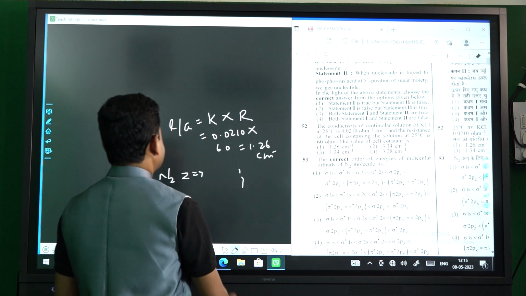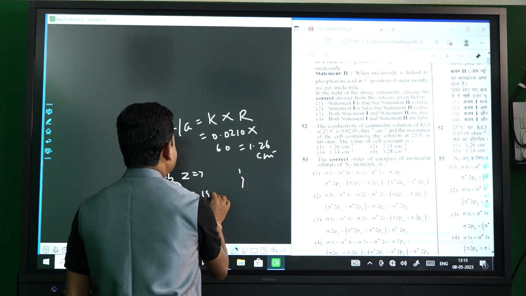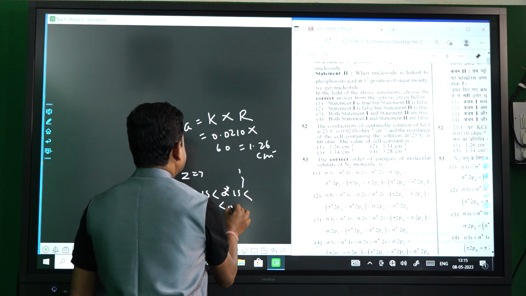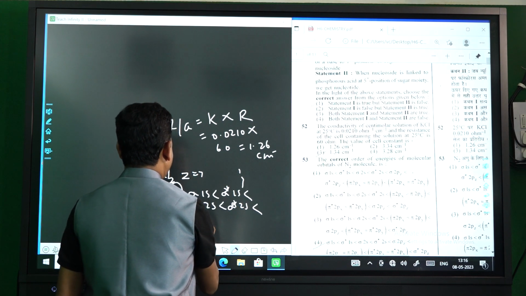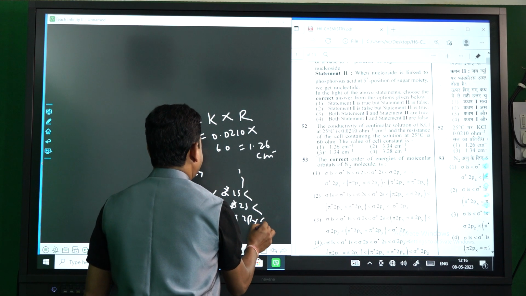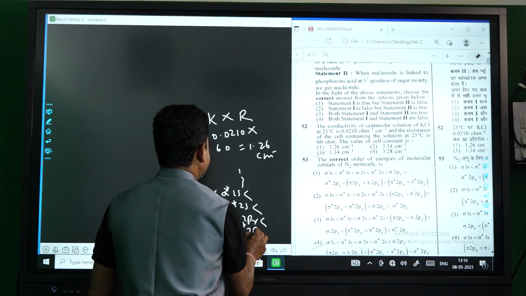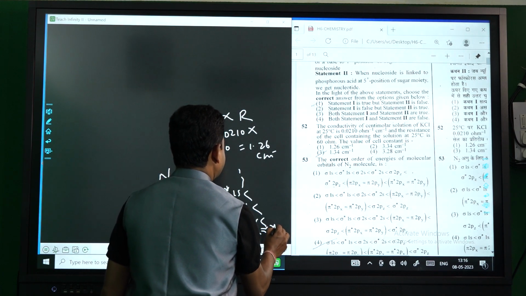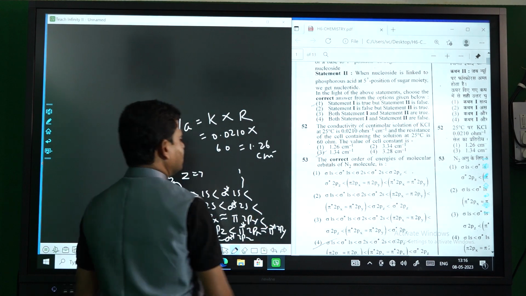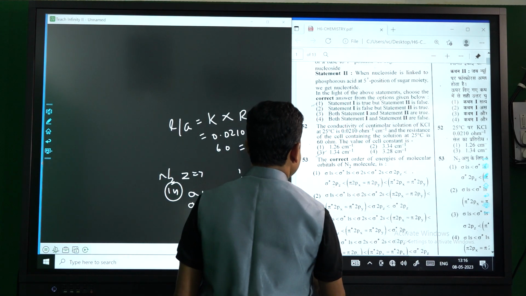In that situation, the 14 electrons are arranged like this: sigma 1s, sigma star 1s, sigma 2s, sigma star 2s, pi 2px equals pi 2py, then sigma 2pz, then pi star 2px equals pi star 2py, and lastly sigma star 2pz. That sequence, written in option number 3, is correct.